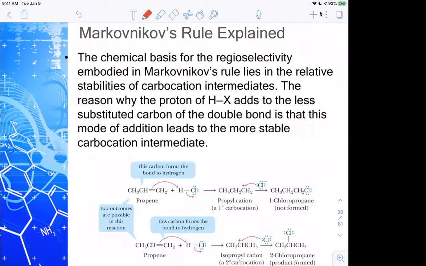The reason that Markovnikov's rule is actually observed is because of the relative stabilities of these carbocation intermediates. These relative stabilities are critical for explaining Markovnikov's rule, so this regioselectivity is going to be explained using Markovnikov's rule.